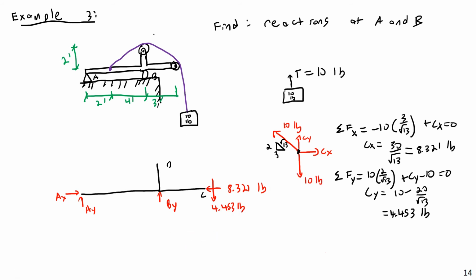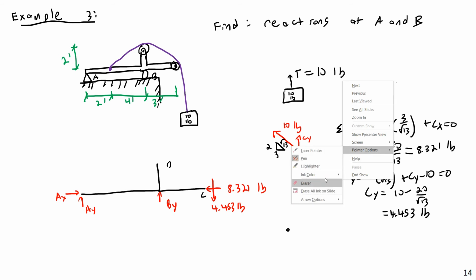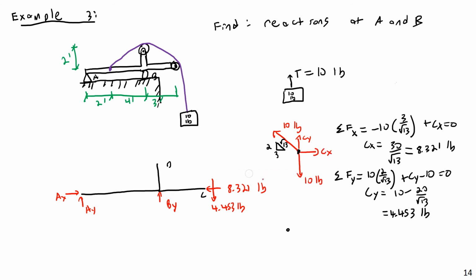And again, the pulley may be able to transfer some force in the X or Y direction there. Let's isolate that point, just that little piece of rope, and I will have two 10-pound forces, and they would cancel out, except they're at different angles.